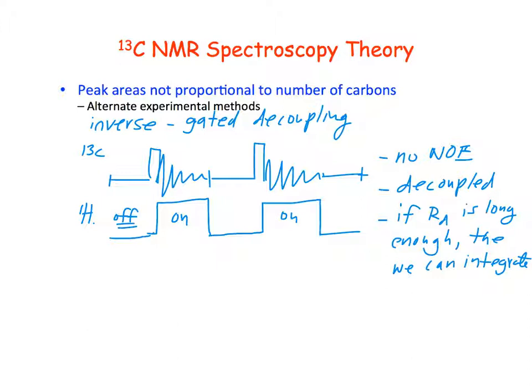Okay, because we've removed the NOE and we've removed the problems with the different relaxation rates because we've waited long enough. But, of course, it's decoupled, but we lost NOE, so we've reduced sensitivity, but we're still decoupling, so it's into single signals at least.